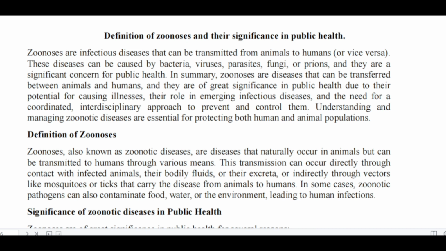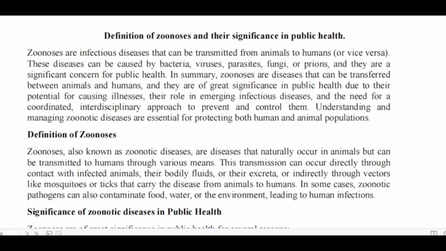So let's start with the definition of zoonosis and their significance in public health. You know what zoonoses are? They are infections that are usually transmitted between humans and animals, and also between animals and humans. So the source of the infection could be a man or could be the animal.